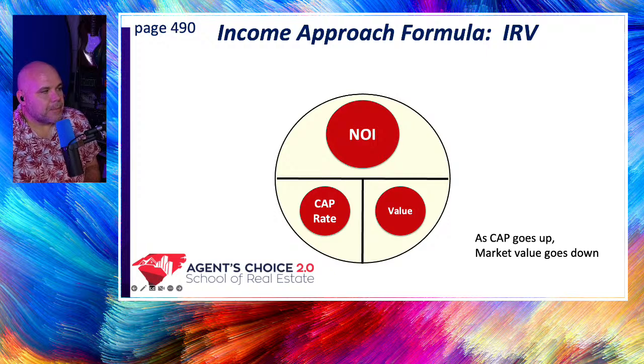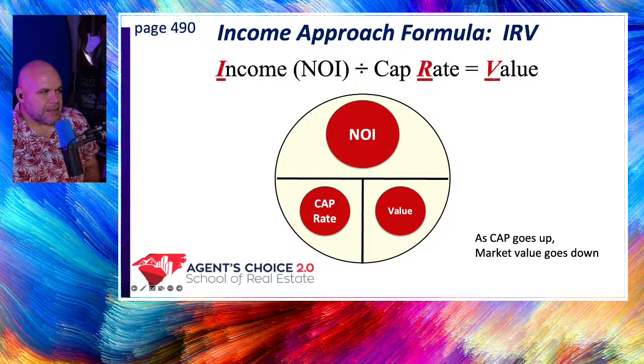Note that anytime one of the bottom figures goes up, the other one has to go down. Because if you're multiplying two things together, the higher the cap rate goes up, the lower the value is going to be, because the NOI is staying the same. Market value goes down as cap rate goes up, given the same NOI.